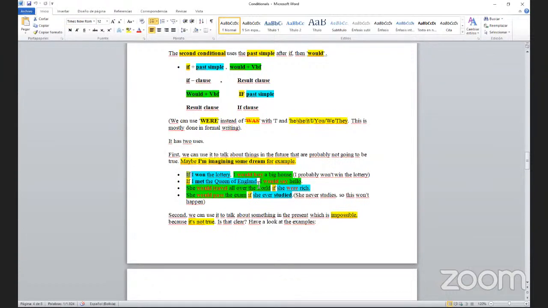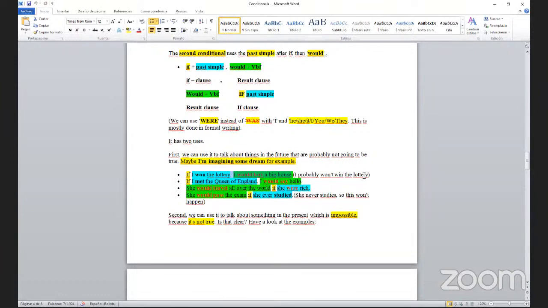So here we have one example. If I won the lottery, what is the result of this? If I won the lottery, I would buy a big house. So what does this sentence mean? It means that I probably won't win the lottery, right?